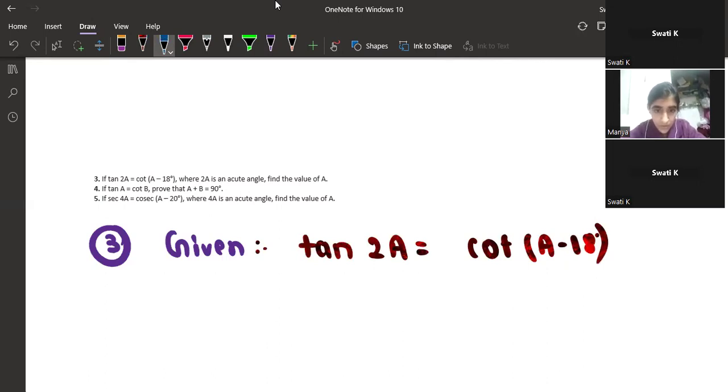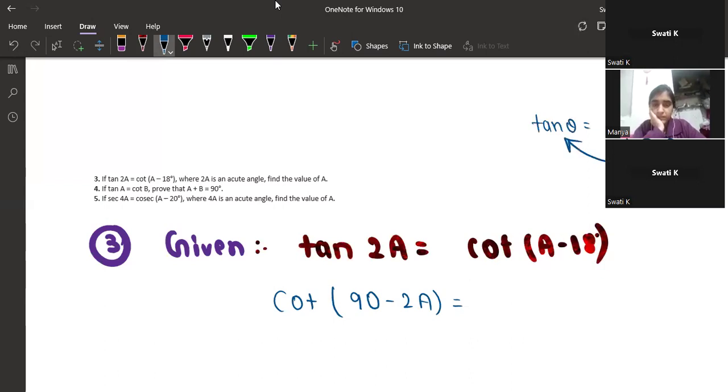Now tell me मान्या, tan 2a को क्या हम cot के टर्म में लिख सकते हैं? Yes. Tan 2a को can I not write down this as cot 90 minus 2a? Do you understand this? यहाँ पे मैंने क्या किया कि tan थीटा का ये जो फॉर्मूला है cot 90 minus थीटा, राइट? सी cot 90 minus थीटा का फॉर्मूला क्या है? tan थीटा। यहाँ पे हमारे पास tan थीटा गिवन है और हमने उस tan थीटा से हम एक स्टेप पीछे गए, वो फॉर्मूला लिखा हमने। आर यू अंडरस्टैंडिंग?